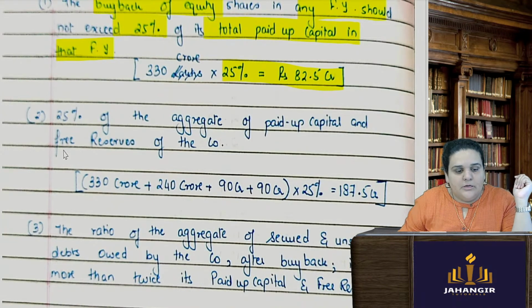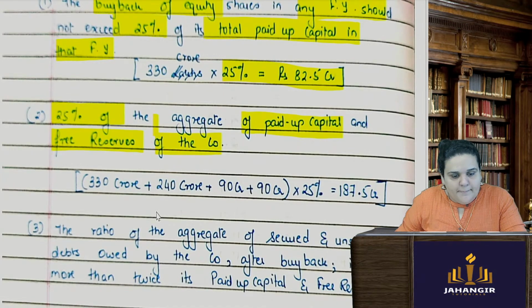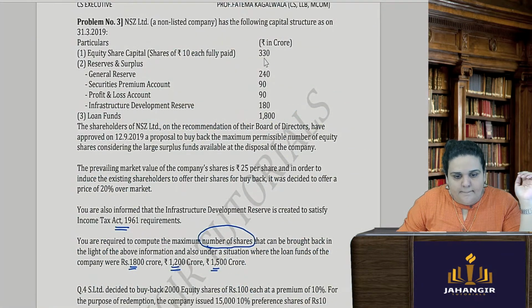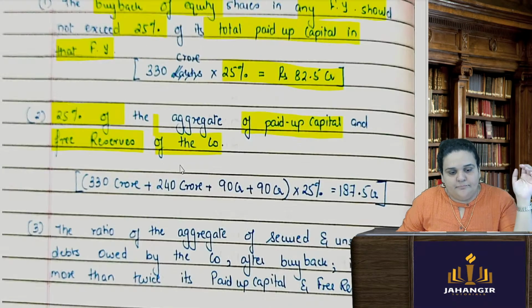Next condition: 25% of the aggregate total of its paid up capital and free reserves of the company. So the paid up capital is 330 plus free reserves, which will be general reserve, securities premium, profit and loss account. Okay.